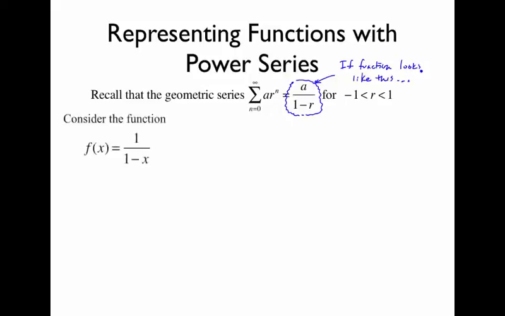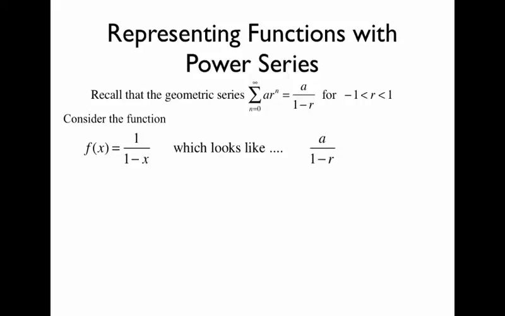Okay, so consider 1 over 1 minus x. What does that look like? 1 over 1 minus x looks a lot like what? A over 1 minus r. Does it look a lot like a over 1 minus r? Definitely, right?